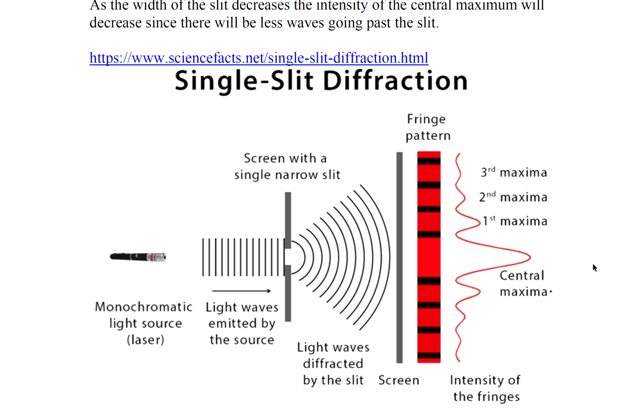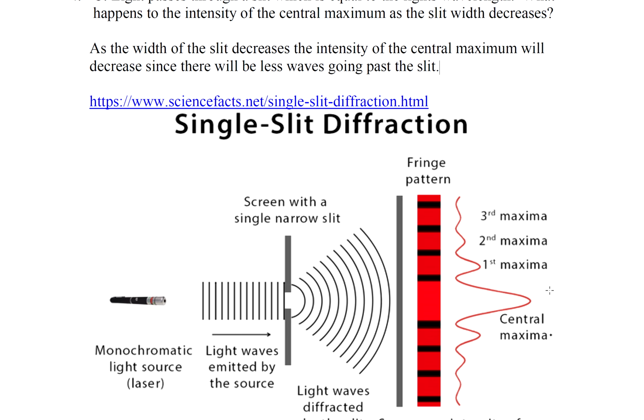So all the red is constructive interference. All the black is destructive interference. So to answer the question, the length of the central maximum will decrease if the width of the slit decreases.